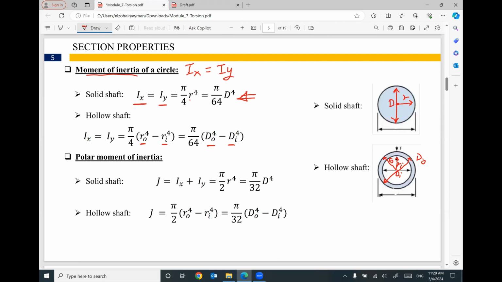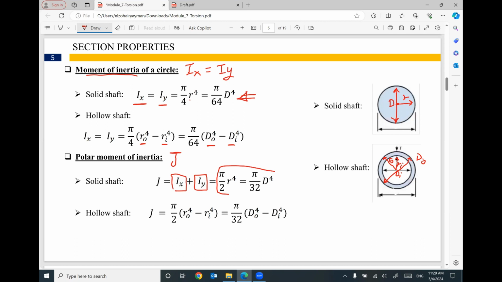The polar moment of inertia, which is called J, equals the value of Ix plus the value of Iy. In the case of a solid circle, it equals pi divided by 2 times radius to the power 4, or pi divided by 32 times diameter to the power 4.